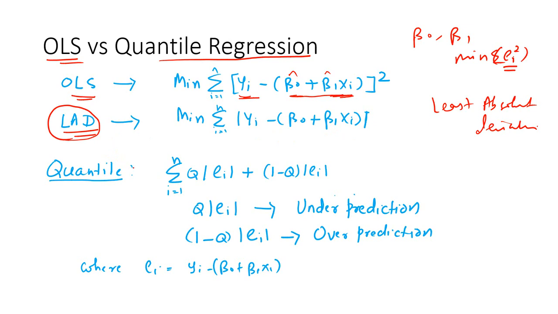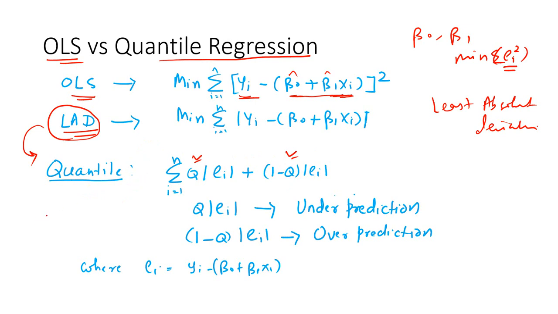Quantile regression is an extension of the LAD with a bit of a change. We introduce a penalty term Q or theta, whatever you call it. The idea in quantile regression is not to find the conditional mean of the dependent variable, it is the conditional quantile.